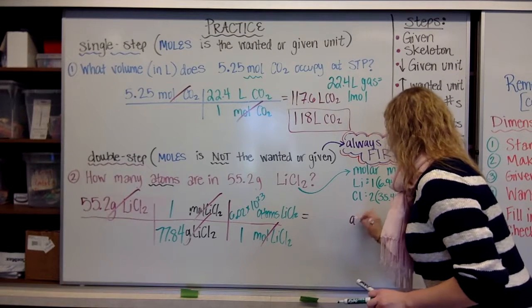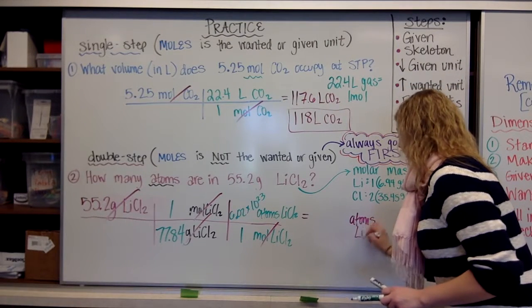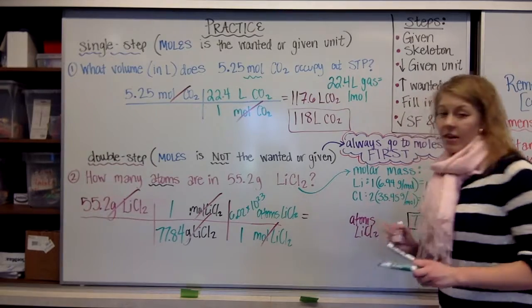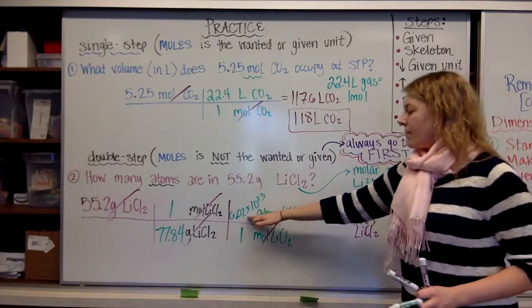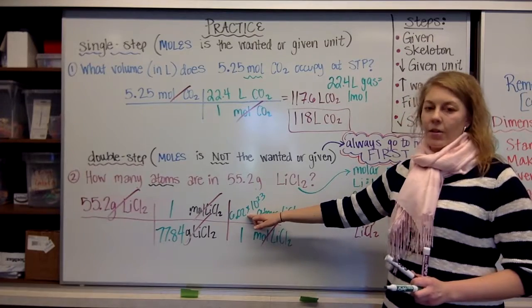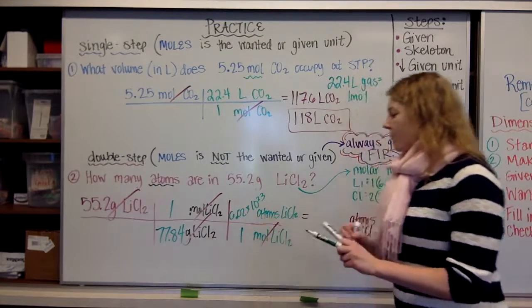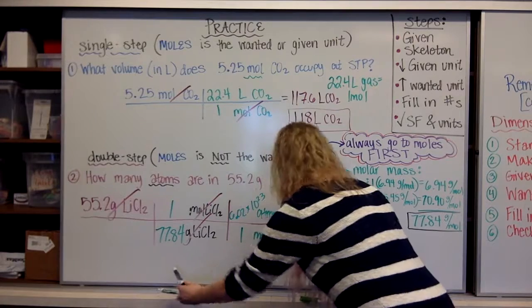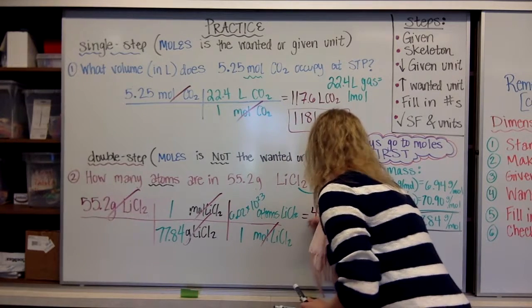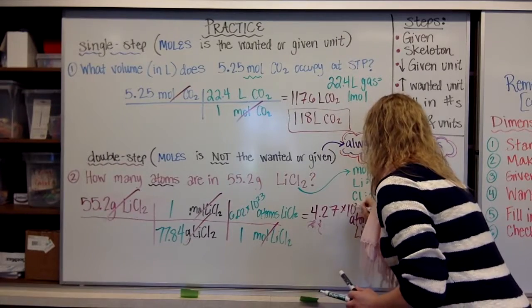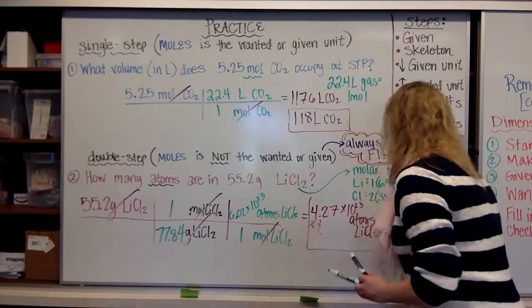Okay? So my final unit is atoms of LiCl2, which is good. Multiply 55.2 times 6.02 times 10 to the 23rd. Divide by 77.84, and you get 4.27 times 10 to the 23rd atoms of LiCl2.